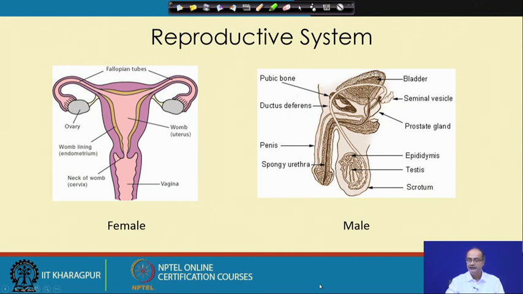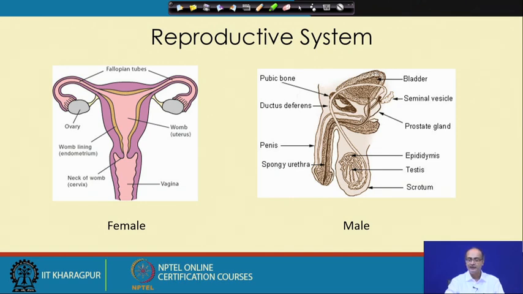And here is another interesting engineering design I would like to mention, which you may not find in the book. You see that the sperms are stored here in the testes, and this part, the scrotum, is outside the human body, and for animals also you will find that the scrotum is outside the body.